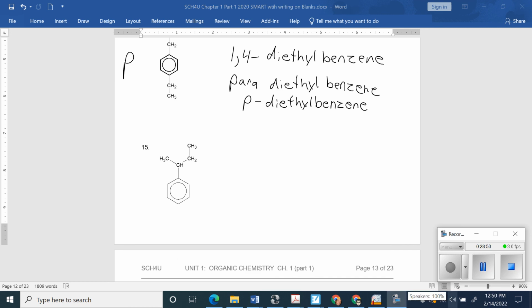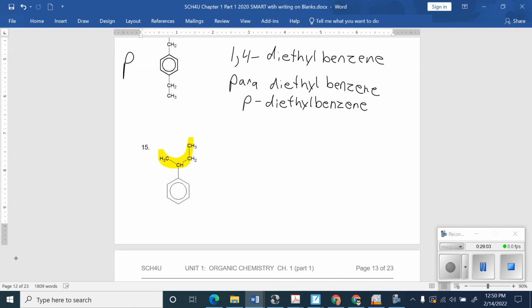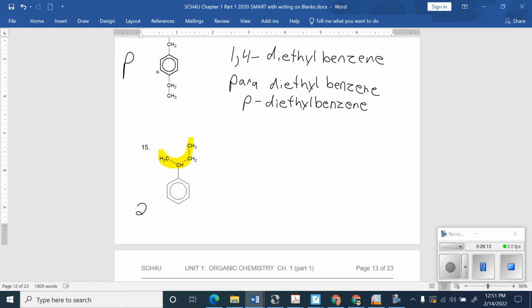All right, so naming number 15. 15 can have two names, similar ones we did in ChemSketch. All right, so we consider this either parent chain, right? So if that's the parent chain and there's a phenyl group on the parent chain, then I would use 2-phenylbutane.